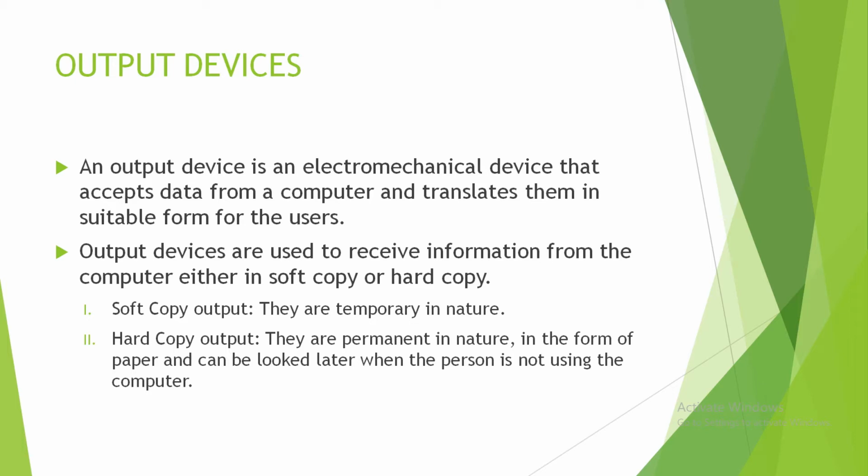An output device is any piece of computer hardware equipment which converts information into human readable form. It can be text, graphics, audio, and video. Output devices are used to receive information from the computer either in the form of soft copy or hard copy.